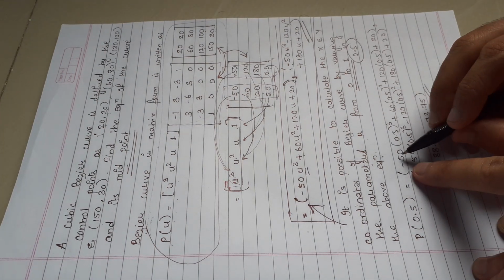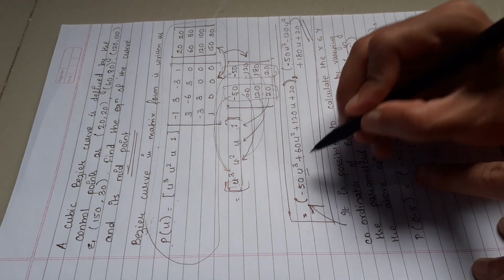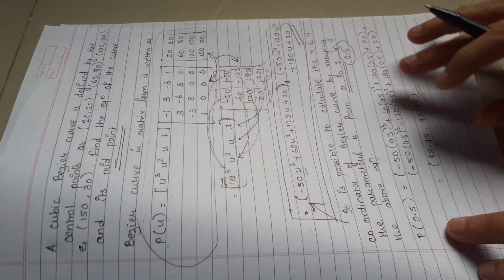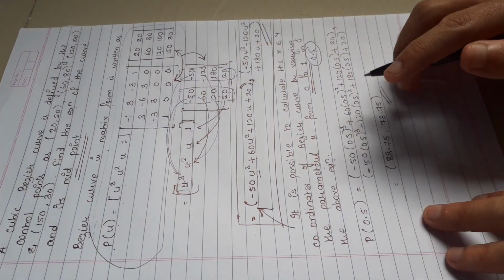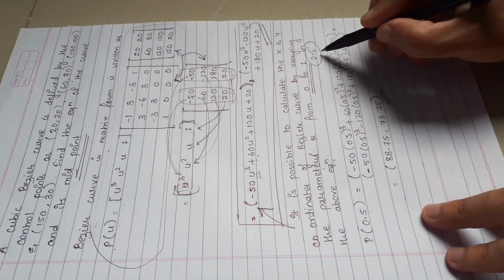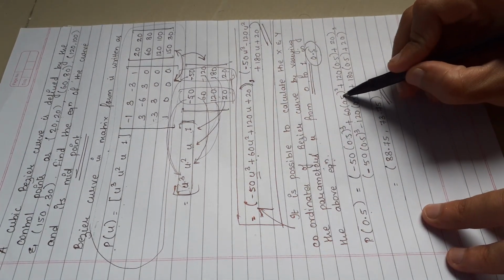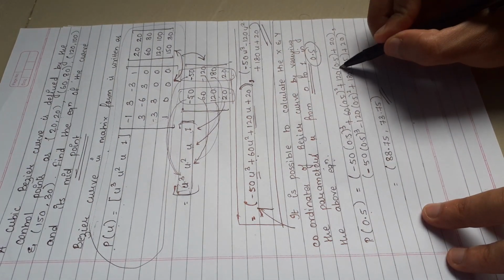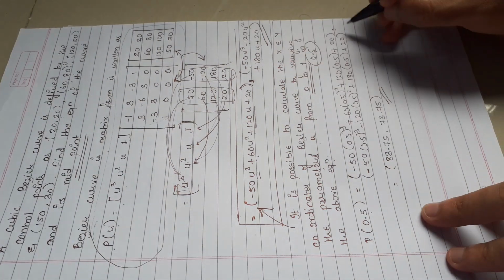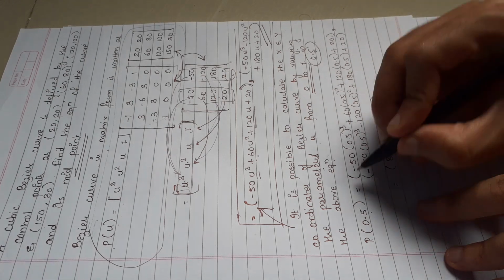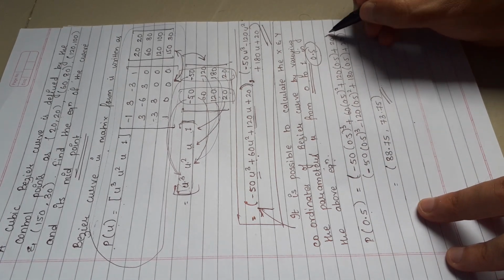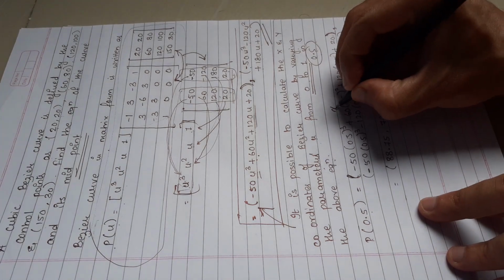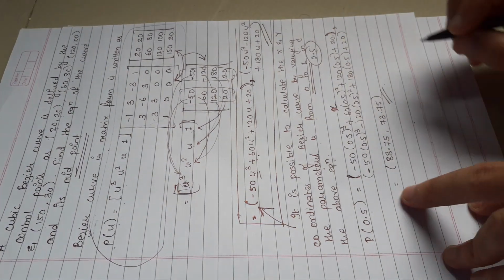That is -50 into (0.5) whole cube plus 60 into 0.5 square plus 120 into 0.5 plus 20, comma. So this is one bracket, and this will be your x coordinate.